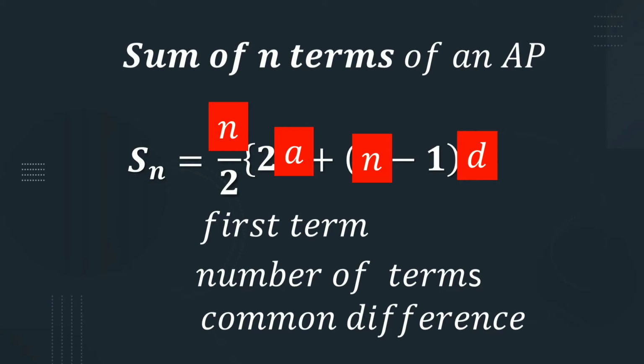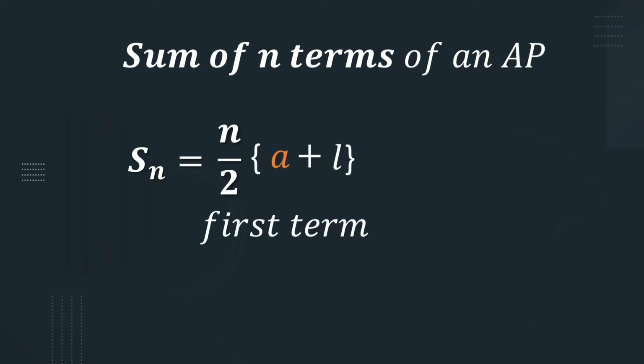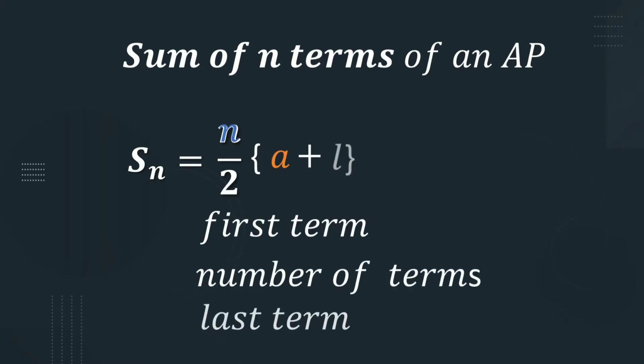When a and d are given, you can use this formula to find the sum. Sn is equal to n by 2 into a plus l when the first term a, the number of terms, and the last term l are given.